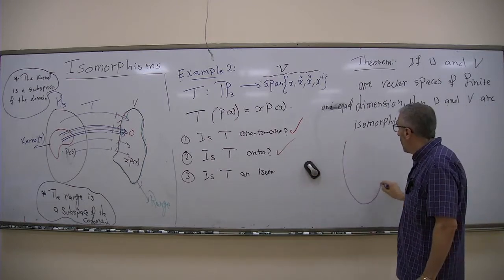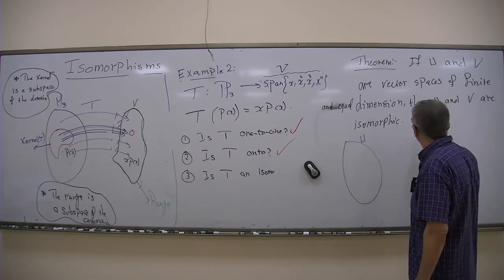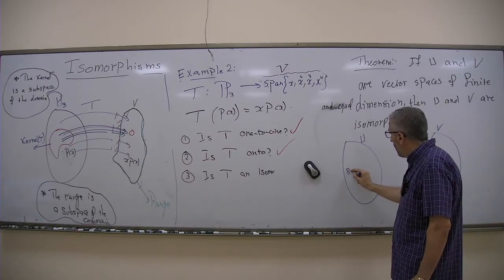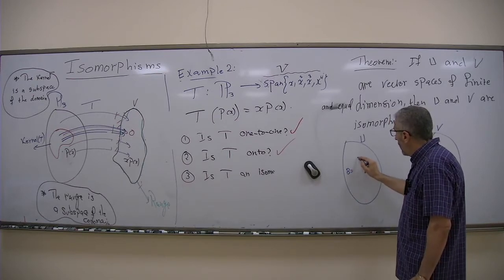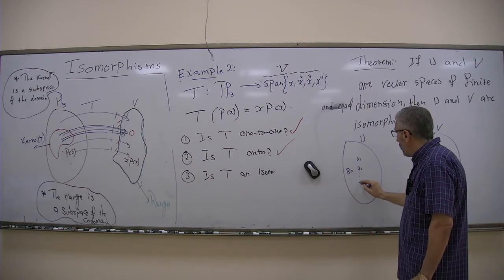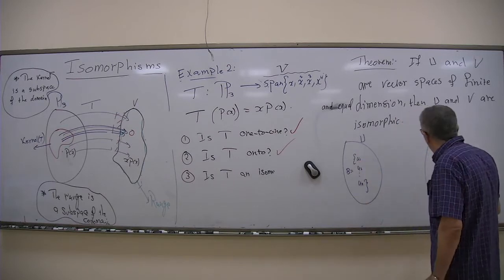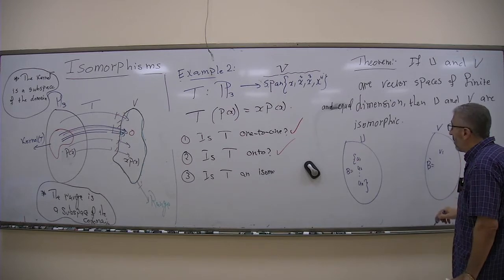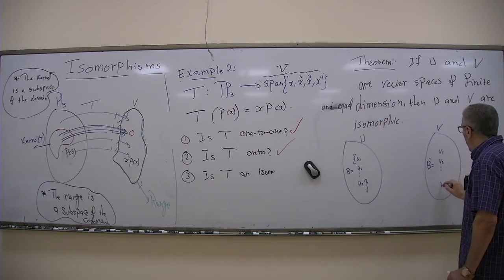So here is a vector space U, here is a vector space V. Now, here you have a basis. Let's say our basis here is U1, U2, up to Un. Here we have a basis, let's say V1, since it's of equal dimension, so V1, V2, up to Vn also.